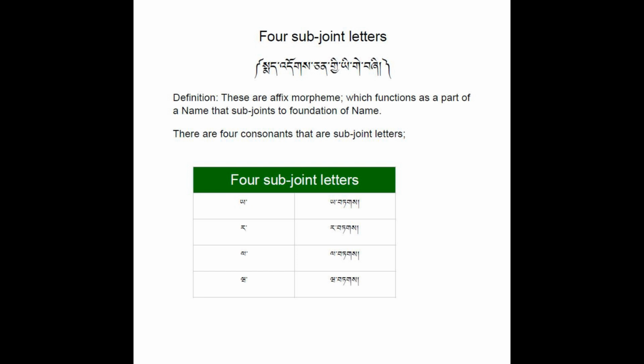So the 4 subjoined letters are ya, ra, la, and wa. And the way you pronounce it is, if the subjoined letter is ya, you pronounce it as ya tak.